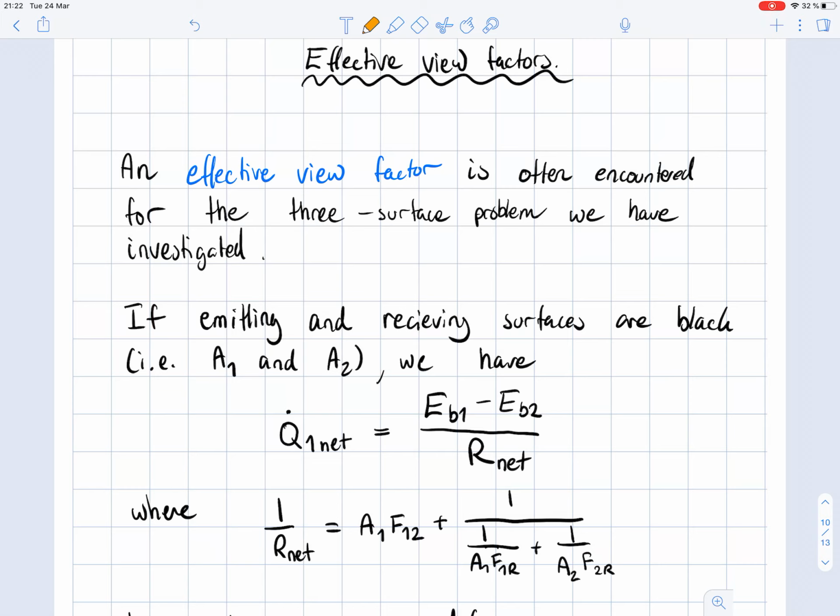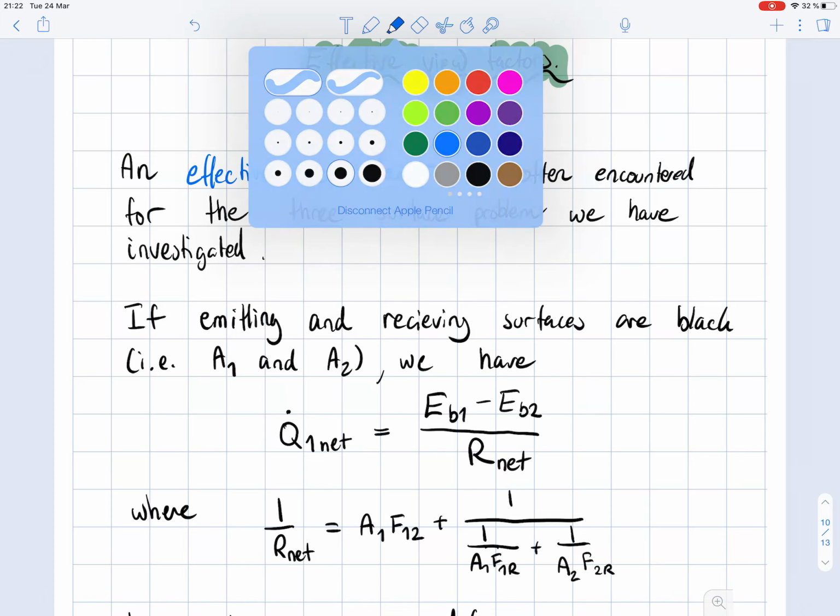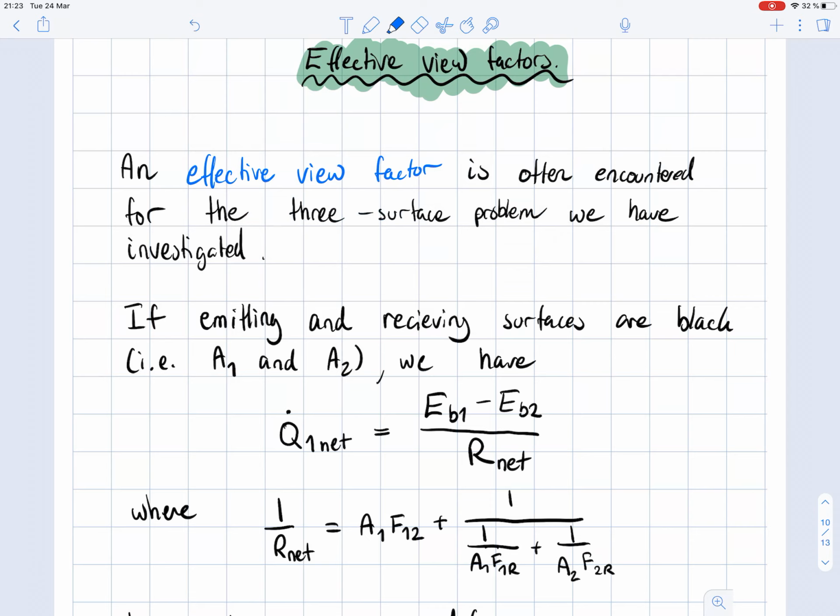Now we'll have a slightly different discussion relating to effective view factors. And this is a concept which you would encounter quite frequently in the literature when you are looking at a three-surface problem.